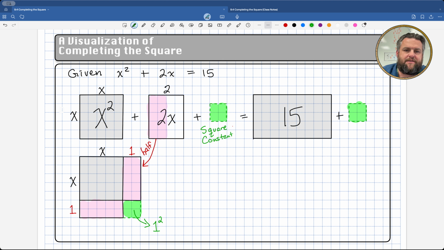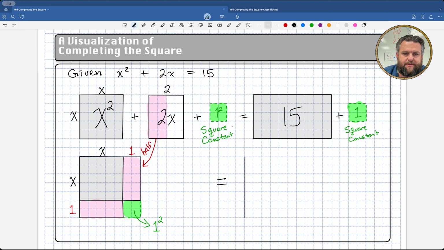In this case, because it is 2, we're taking half of it, 1, squared, which is just 1 on both sides. If we took this rectangular shape, we could reshape it so that we find that extra piece of square that we had.